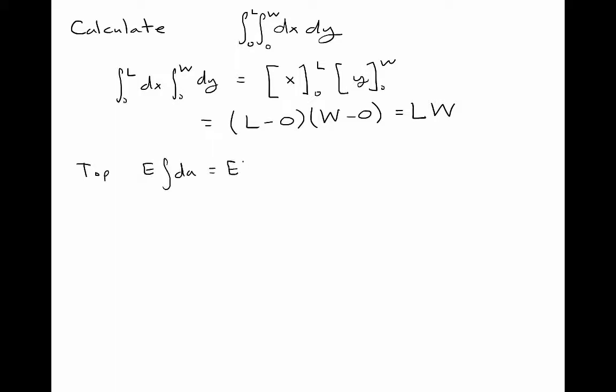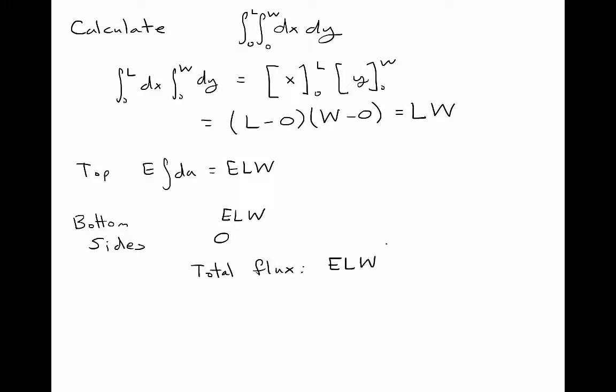So it's ELW. Same for the bottom. And for the sides, the flux is 0, because again, the vectors are parallel to the surface. So our total flux is ELW.